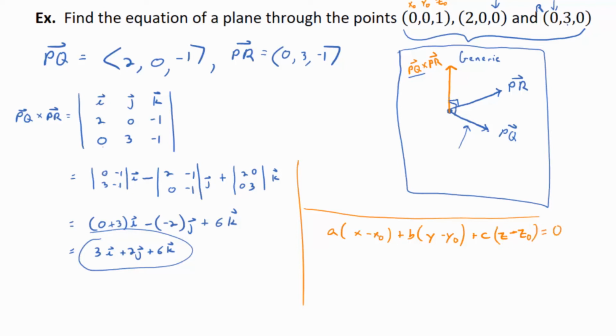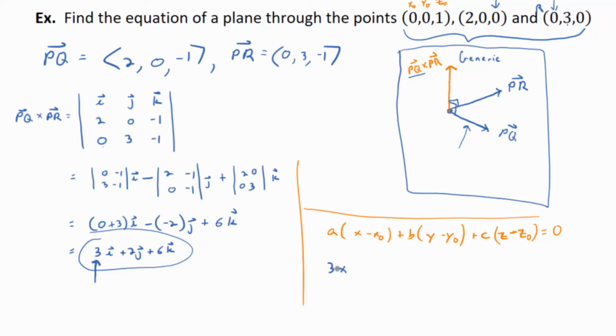At this point, we're just plugging and chugging. So a, b, and c are the components of the normal vector. X naught, y naught, z naught are the coordinates of your point that lies on the plane. So fill it in for me. What do we get? 3x minus 0, or just 3x.